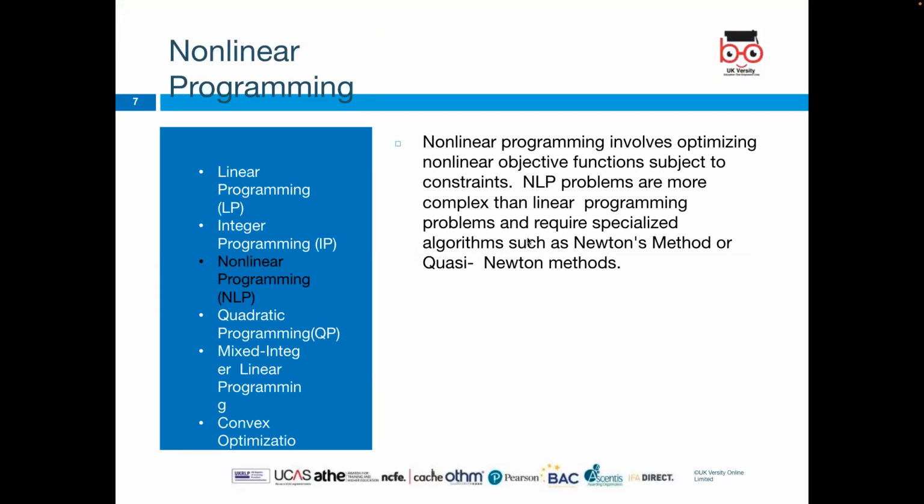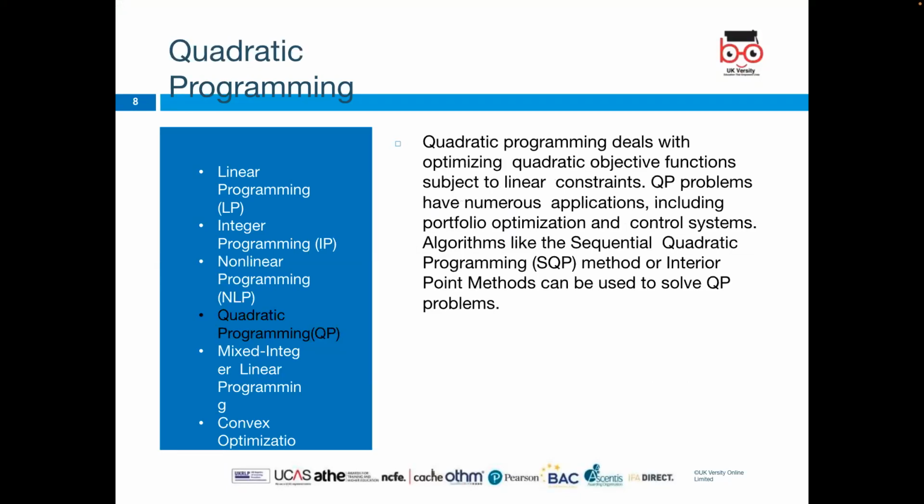The next one is quadratic programming, QP. Quadratic programming deals with optimizing quadratic objective functions subject to linear constraints. QP problems have numerous applications, including portfolio optimization and control systems.